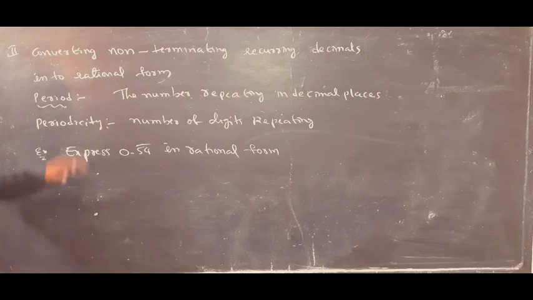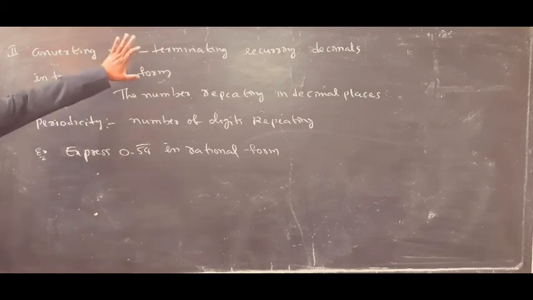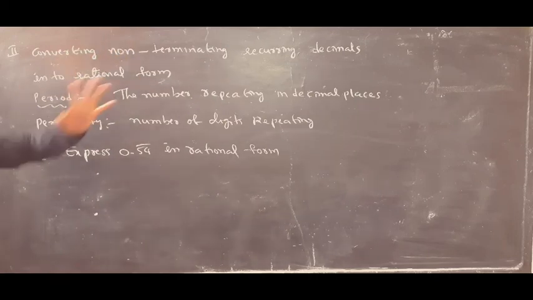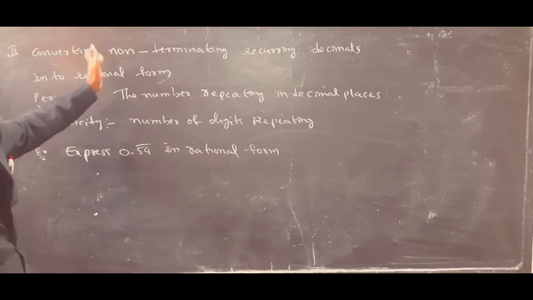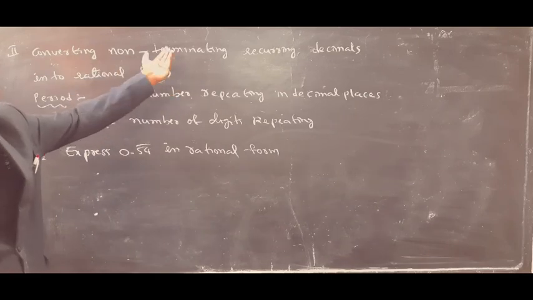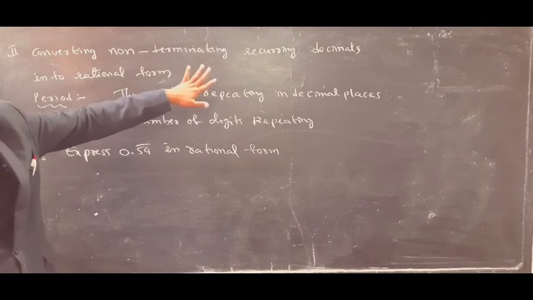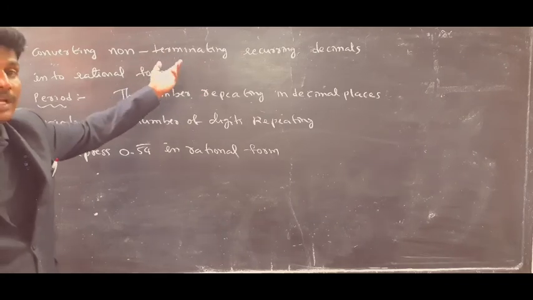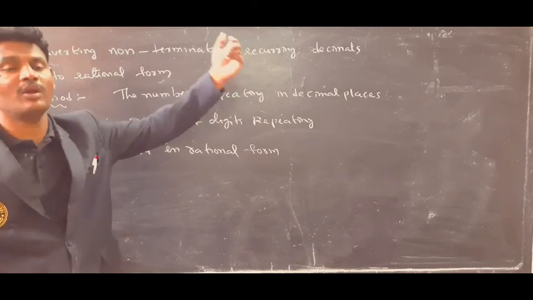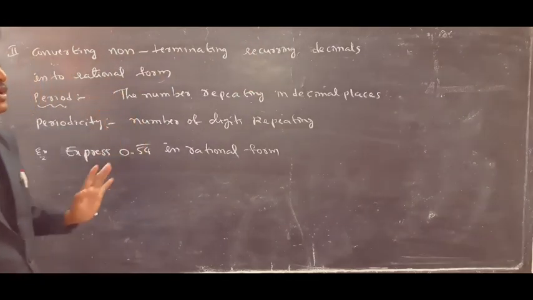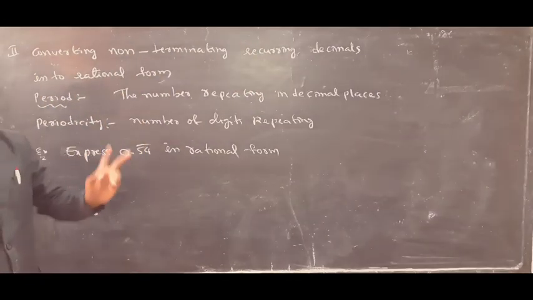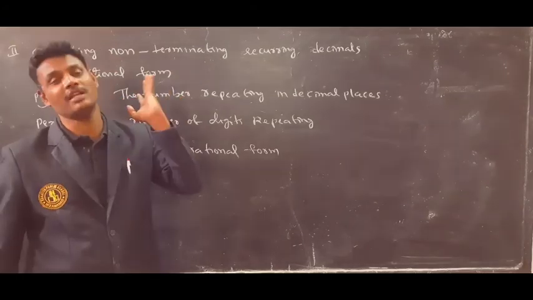Eighth class students, converting non-terminating recurring decimals into rational form. In the previous part we completed converting terminating decimals to rational form. But here you have to convert non-terminating but recurring decimals into rational form. To convert that, first you have to know two words, period and periodicity.